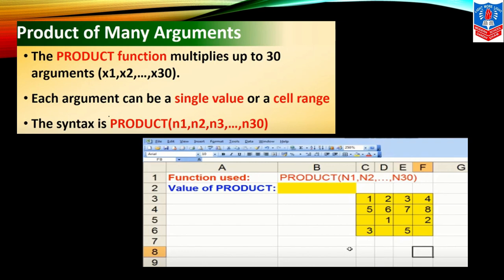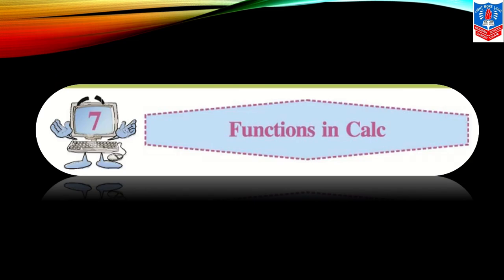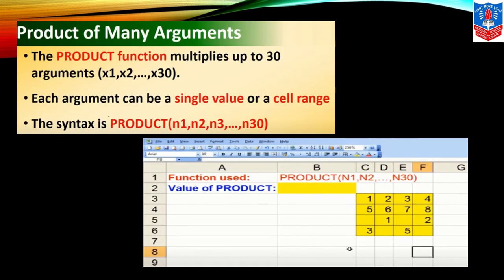We are continuing with arithmetical functions, starting with the product of many arguments. The first function in this session is product. The product function multiplies up to 30 arguments. Each argument can be a single value or a cell range. The syntax is PRODUCT(n1, n2, n3 till n30).